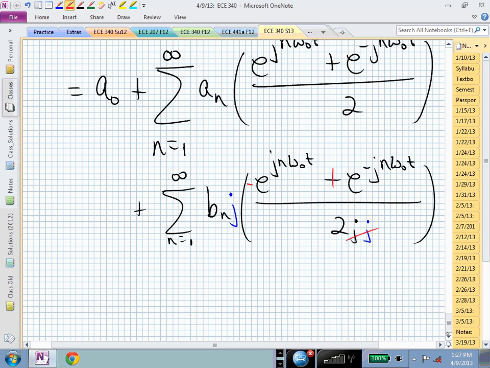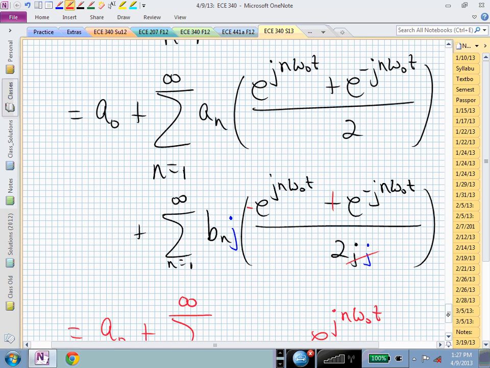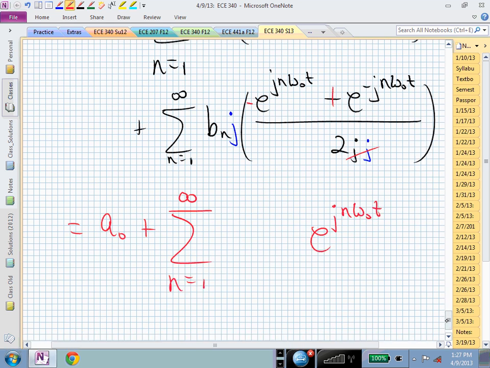If I keep track of what I now have, a sub 0 plus a sum from n equal 1 to infinity. And now I want the coefficient, or the terms, that scale e to the j n omega naught t. If I go up to the first one, I have a 1/2 in common with both, so let me pull that out.